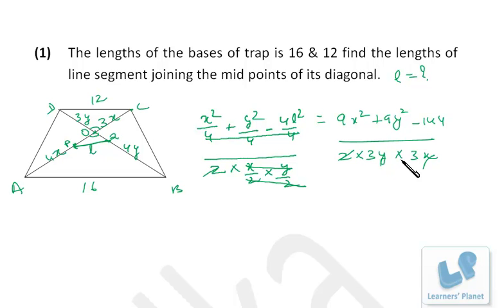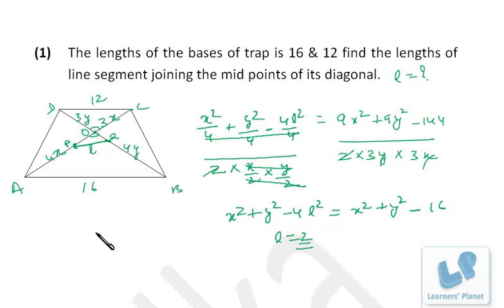Then these 3 threes are 9. Here I am getting x square plus y square minus 4L square is equal to, if I divide this entire expression by 9, I'll be getting x square plus y square minus 144 by 9, that's 16, right? So 4L square is 16, that means L square is 4, that means L is equal to 2, right?